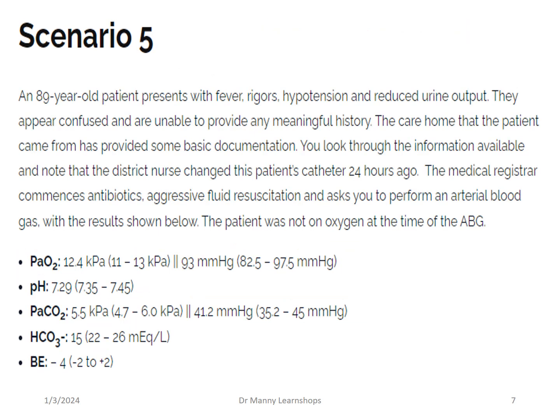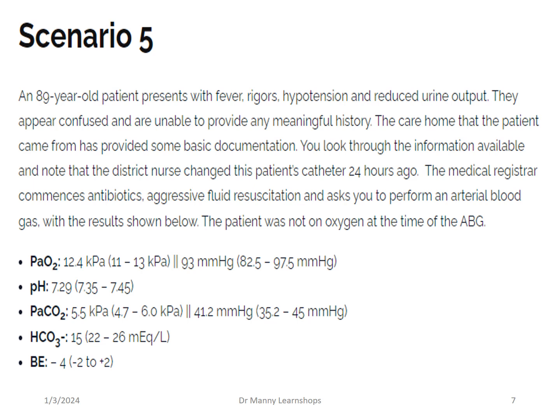In scenario 5, you've got an 89-year-old patient who presents with fever, rigors, hypotension, and oliguria, reduced urine output. They appear confused and they're unable to provide any meaningful history.